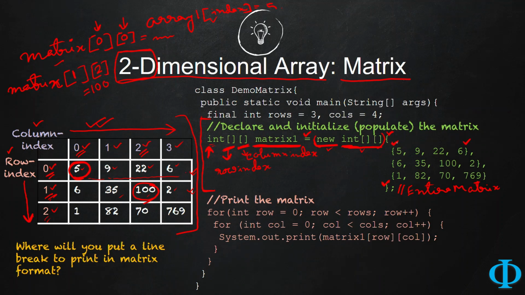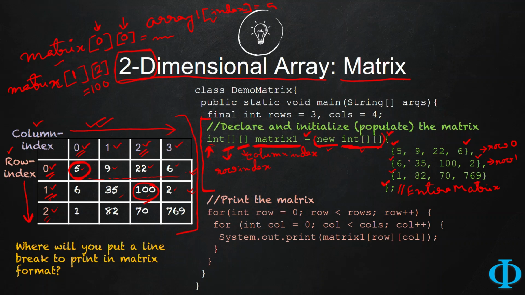So the first set of inner opening and closing curly braces is basically giving you row 0, the container space for row 0. And next, the next set of opening and closing curly braces, which is this one, is giving you the space for row 1.